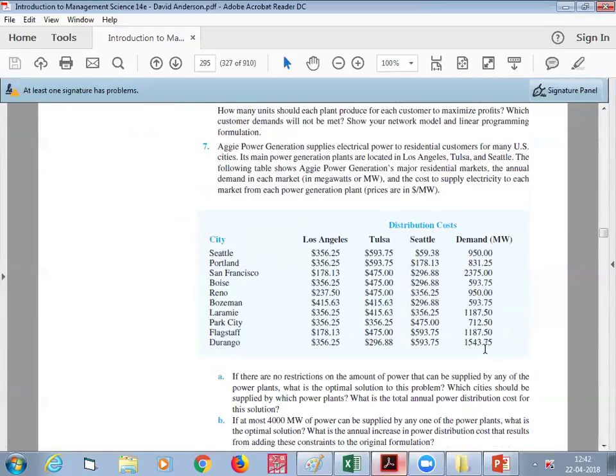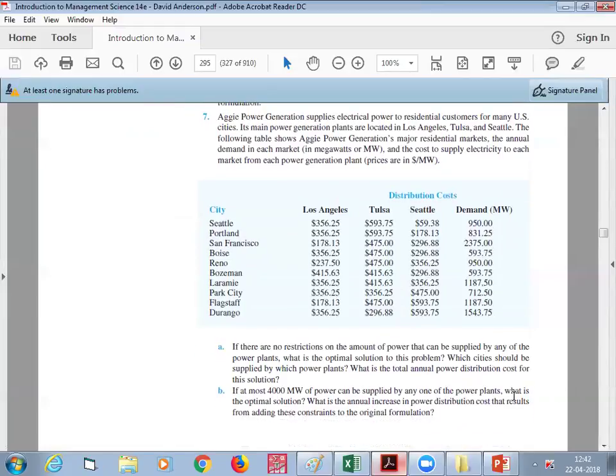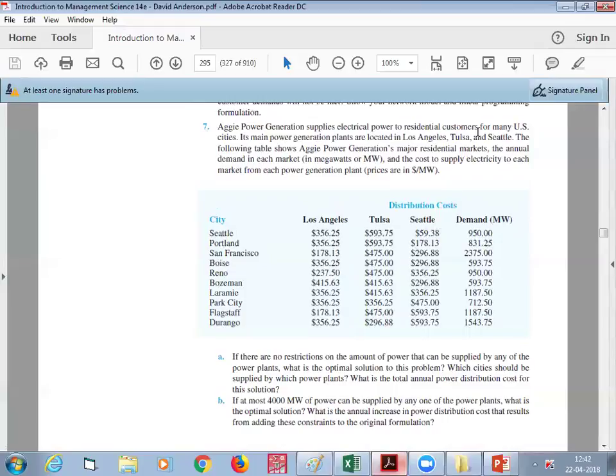Okay, this is similar. All right, so shall we try this one? Yeah. So this is a power generation problem, supplying electrical power to consumption. One of the problems in the assignment is similar, not exactly, it's a little more confusing than this. So this is a nice one to do. Okay, main power generation plants are located in Los Angeles, Tulsa, Seattle, and the following table shows the demand, various things.